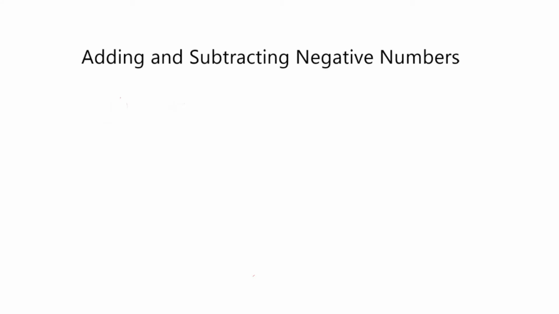Today we are going to talk a little bit about adding and subtracting negative numbers. In the previous video we already discussed negative numbers in general. We already know what to do when we see words like adding and subtracting. But previously we saw them just with positive numbers.